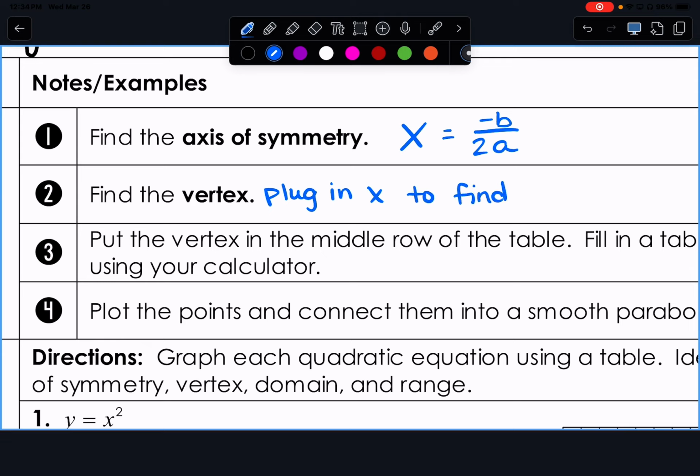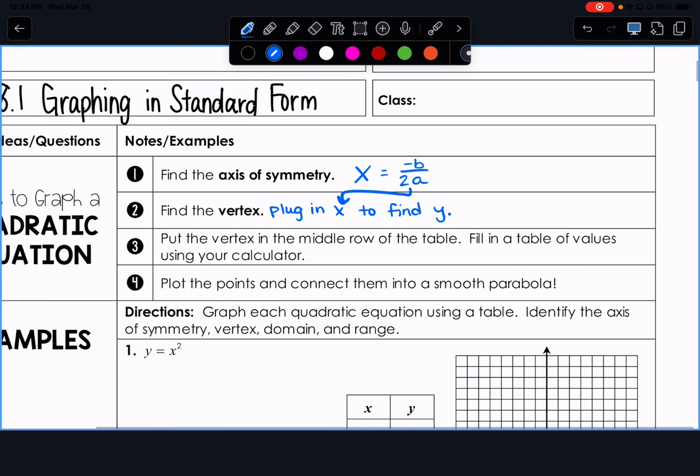And when I'm talking about x, what x specifically? The one we just found, right? We're going to take that value we just found and plug it in. And then we're going to put them in a table and graph, okay? So I want us to go ahead and talk about number 1.